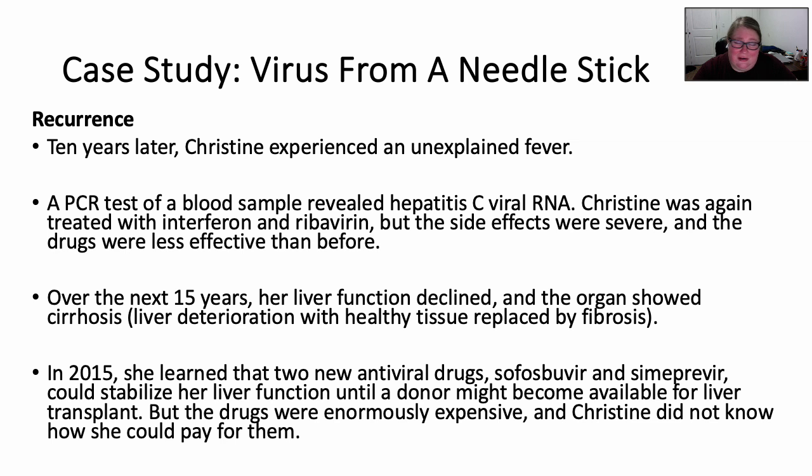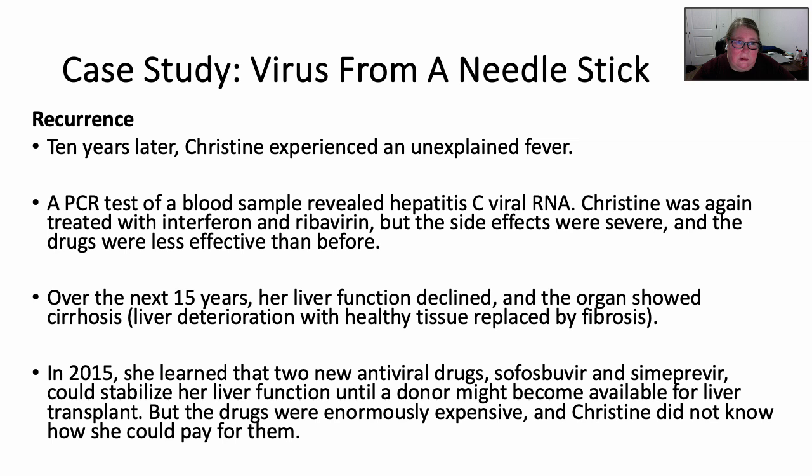About 10 years later, Christine has an unexplained fever. Because of her medical history, one of the first things they're going to test for is hepatitis C. Have her viral levels increased since 10 years ago? She gives a blood sample, a PCR test is run, and it tests positive for hepatitis C viral RNA.